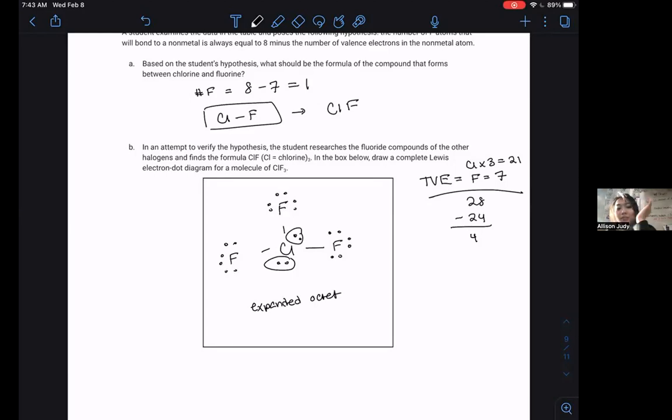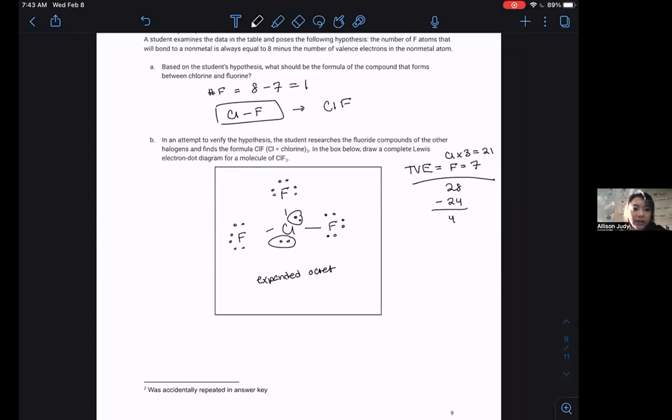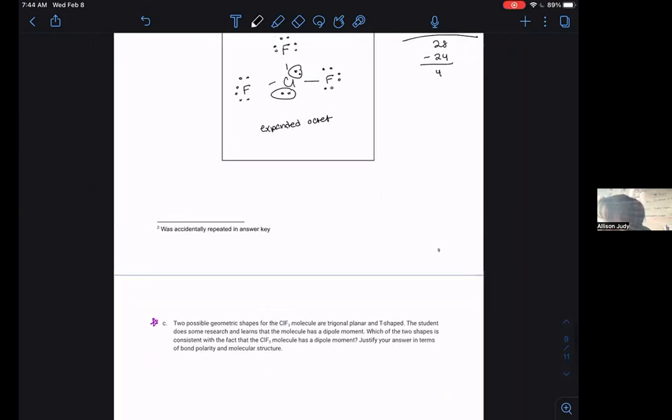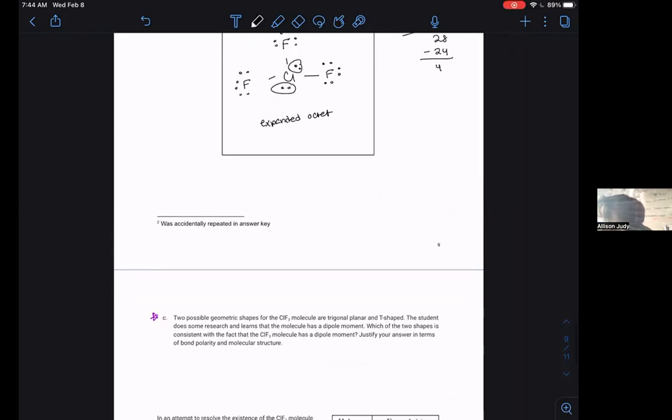It's not very common at all, but according to the student's hypothesis, this is the structure that would have to form for ClF3. And what we get is two possible geometric shapes for ClF3: the molecules are trigonal planar and T-shaped.